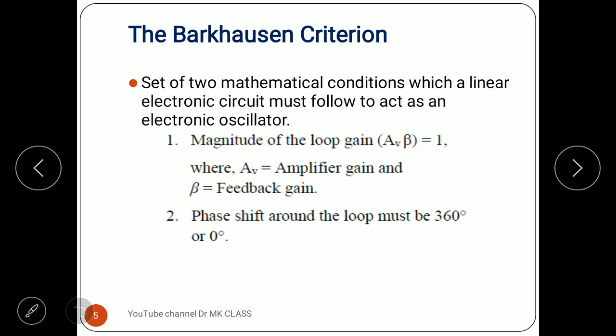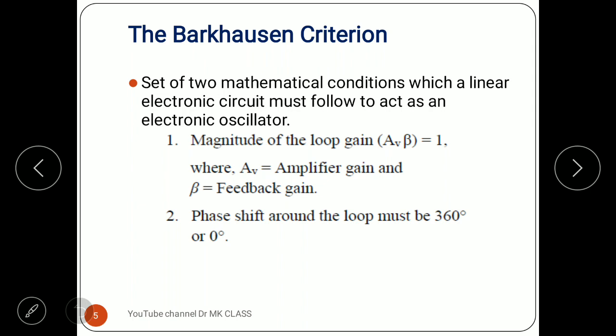So for any oscillator, one scientist, Barkhausen, gave two criteria that a system must satisfy to be in oscillation. It's not only for oscillators, it may be for anything. A system that should be always in oscillation must satisfy the Barkhausen criteria.